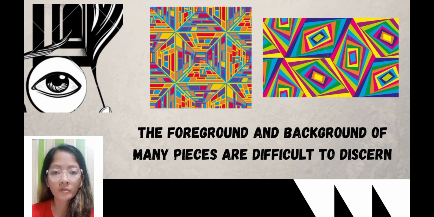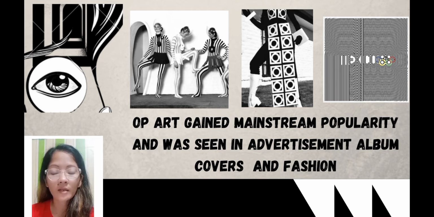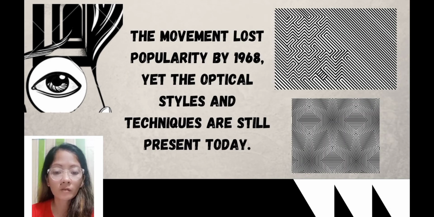The foreground and the background of many pieces are difficult to discern. Op art gained mainstream popularity and was seen in advertisement, album covers, and fashion. The movement lost popularity by 1968, yet the optical styles and techniques are still present today.